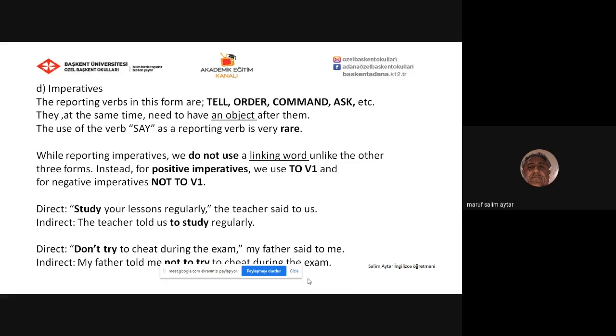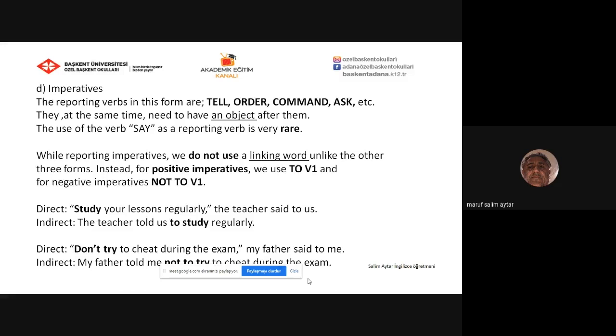The reporting verbs in this form, this time it is the imperatives, are tell, order, command, ask, etc. They, at the same time, need to have an object after them.